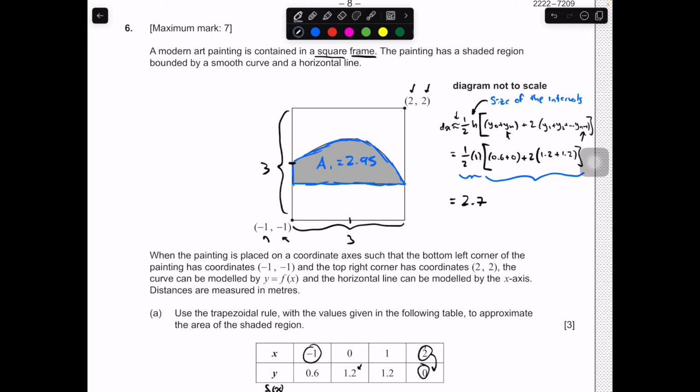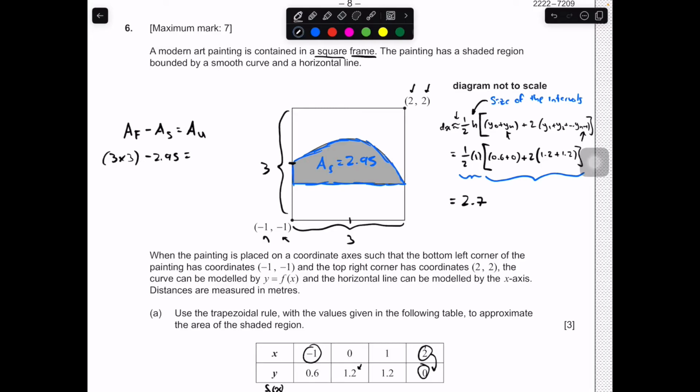So the area of the frame itself, we can write it as area of the frame minus area of shaded should give us the area of the unshaded, we can say. So the area of the frame is 3 by 3. The area shaded is 2.95.